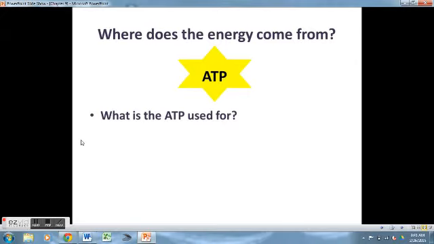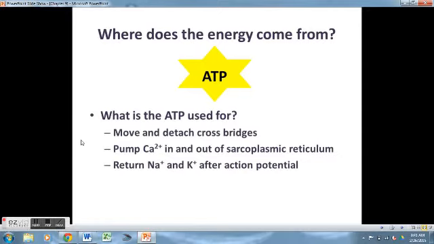So the question becomes, where does the energy come from in this whole muscle contraction scenario? So we mentioned this last time that ATP gets used for a couple of different things during muscle contraction and relaxation. So we did say it releases actin and myosin. That's what this move and detach cross bridges means. We have to have ATP to detach actin and myosin from each other.